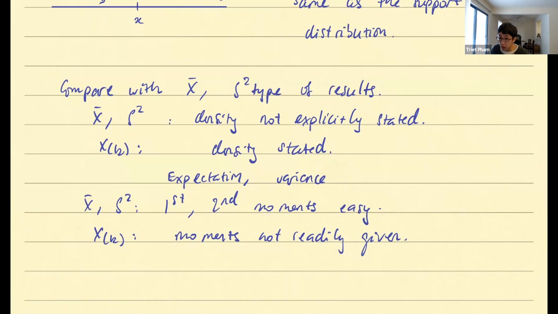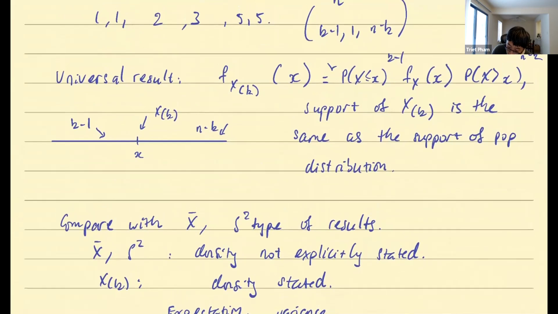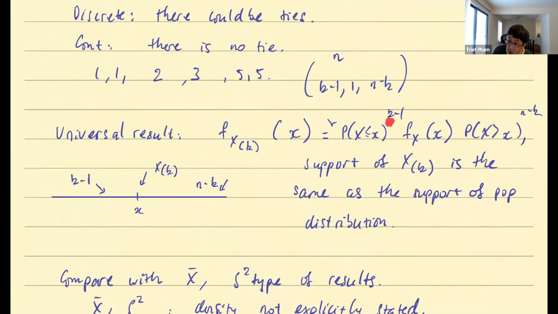But on the other hand, do keep in mind that as the sample size gets large, and the k-th statistic is somewhere in the middle, let's say you have a sample of 100, and you want to look at the 20th order statistic, right? Then this expression becomes pretty weird. I mean, like 19 here, 80 there. Who knows how to raise this expression to the 80th power, that kind of thing.